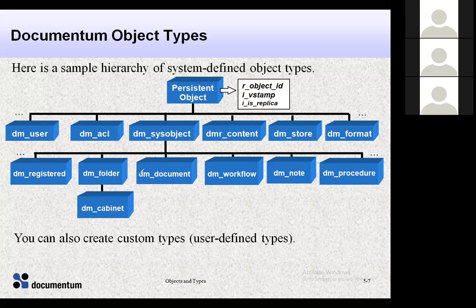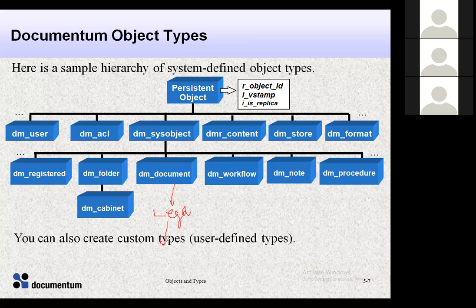Are you getting my point? These are all predefined ones, right? In case you have to create a legal doc, that's a legal doc, right? Then you do this under Document.